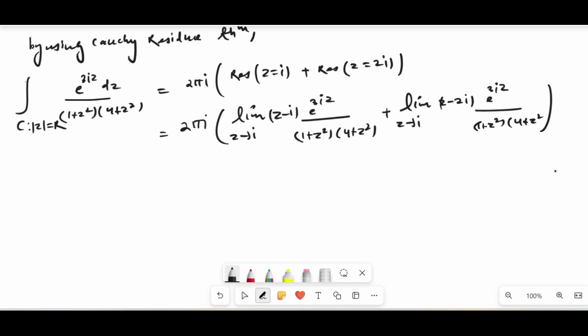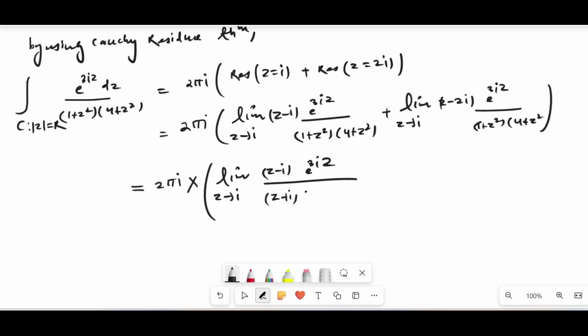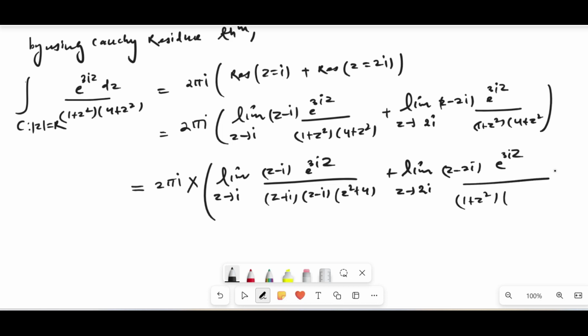So now further we can simplify and find the limit: limit z tending to i of (z minus i) e to the power of 3iz over (z plus i)(z minus i)(z square plus 4), plus the limit z tending to 2i, sorry, that is 2i, of (z minus 2i) e to the power of 3iz over (1 plus z square)(z plus 2i)(z minus 2i).